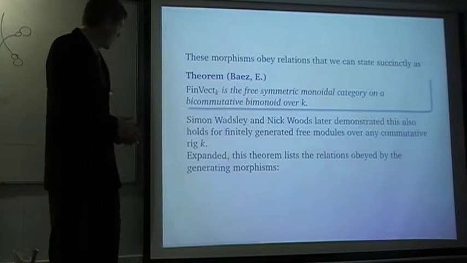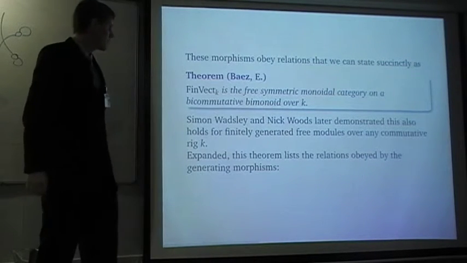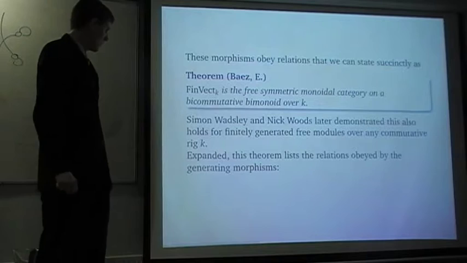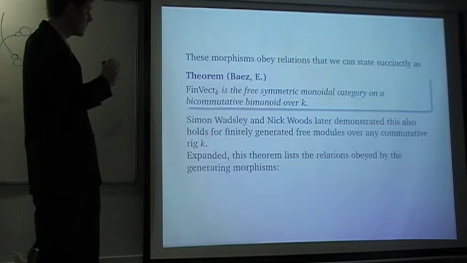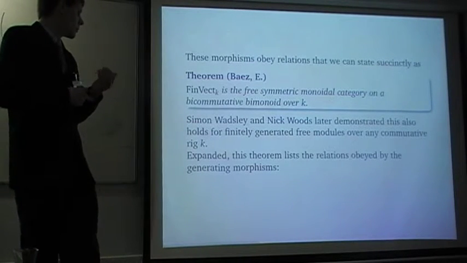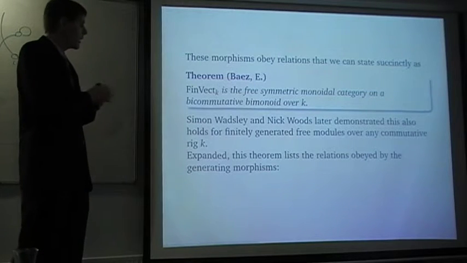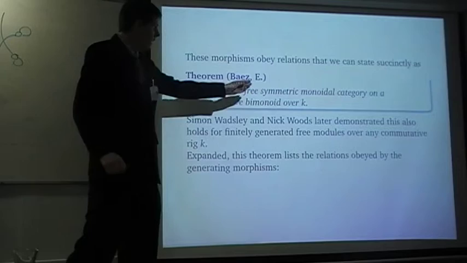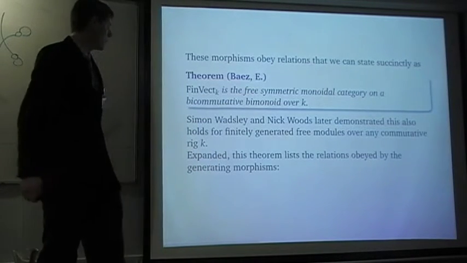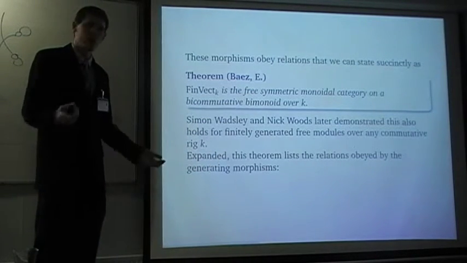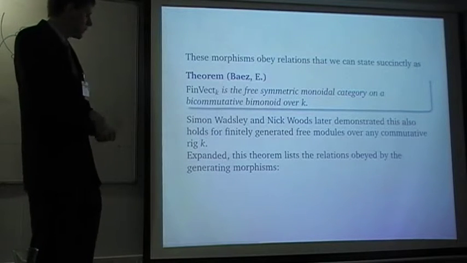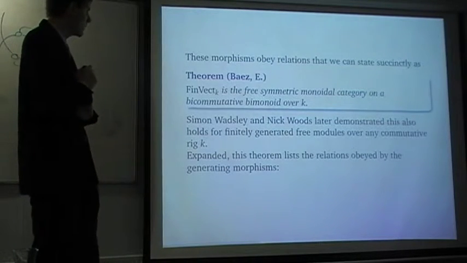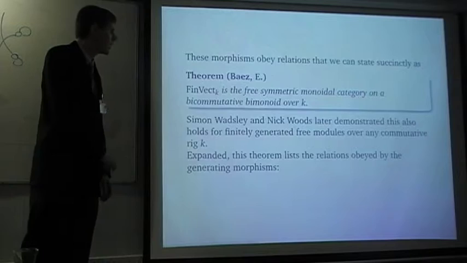And as a side note, Simon Wadsley and Nick Woods also showed that we can weaken this from a field K to any commutative semiring, or rig, K. So if we look at what relations this tells us, here's what we get.